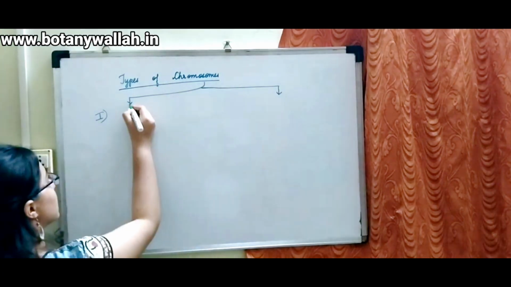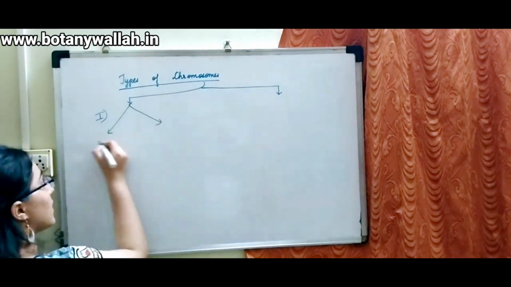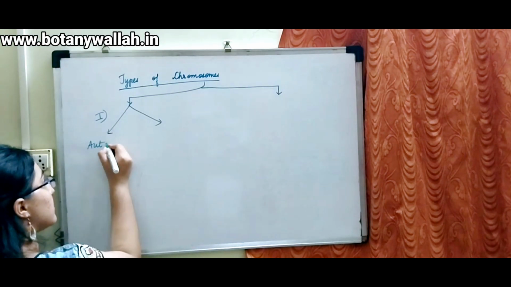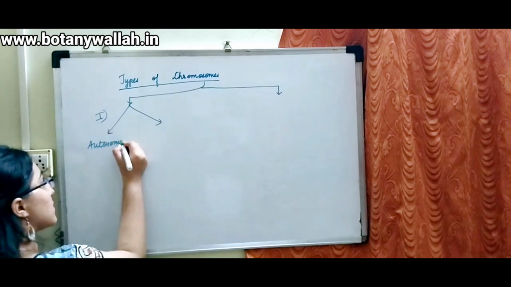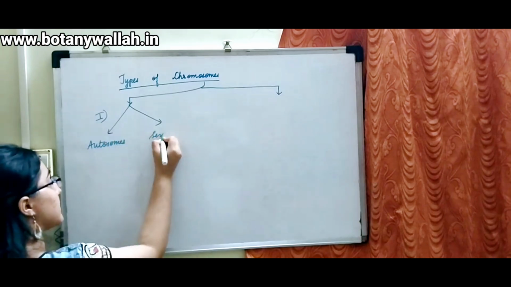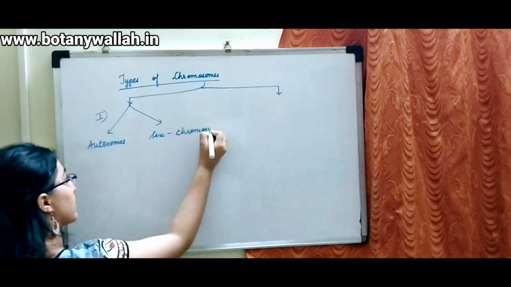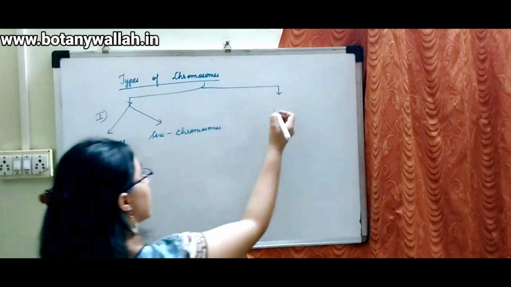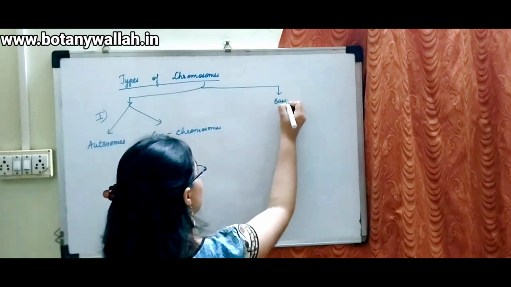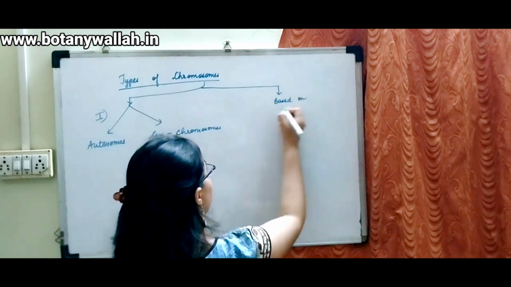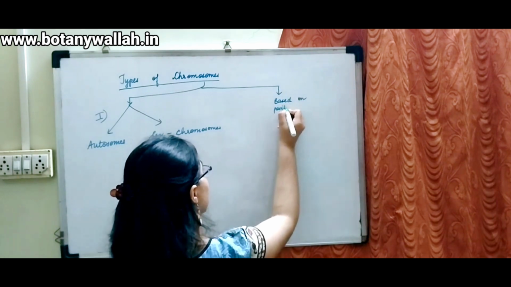So the first part is autosome and sex chromosome, and the second part is based on the position of the centromere.